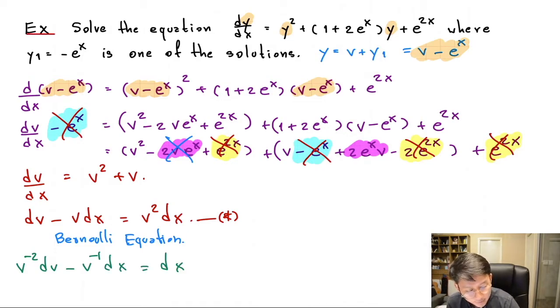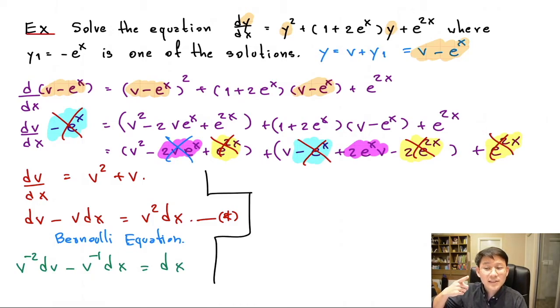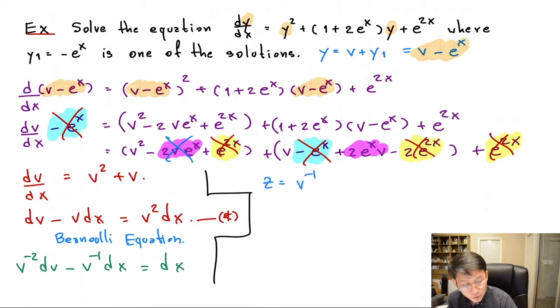Okay, and then what I will do next, I think you know the answer. It is to let z be v to the minus 1, right? Because we want to eliminate this guy. Okay, we want to eliminate this guy, so we let that be z.